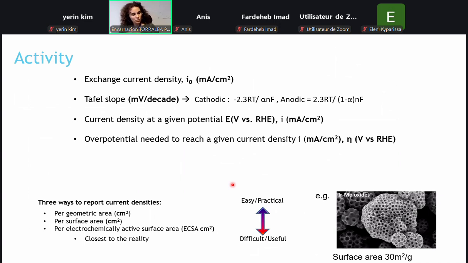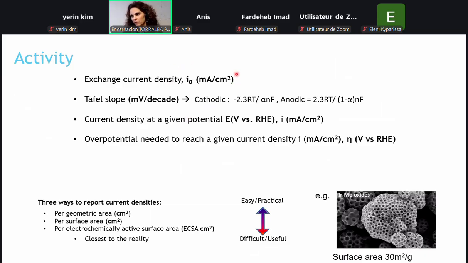So how do we measure the activity? A descriptor is the exchange current density, one of them. Another that we have talked a lot about is the Tafel slope. Then, in general, it could be the current density.